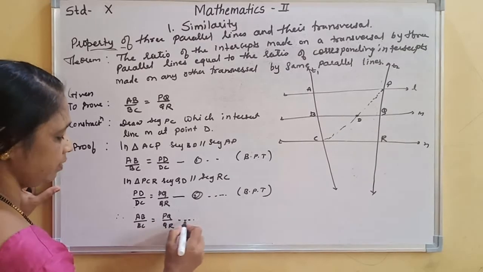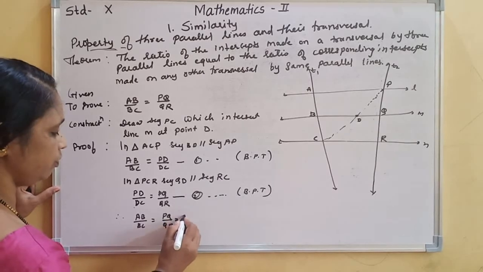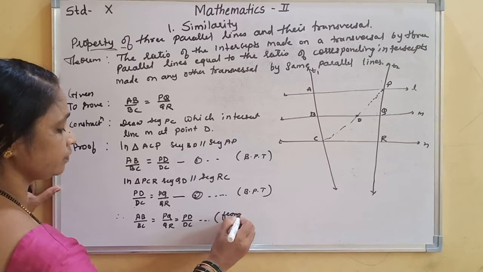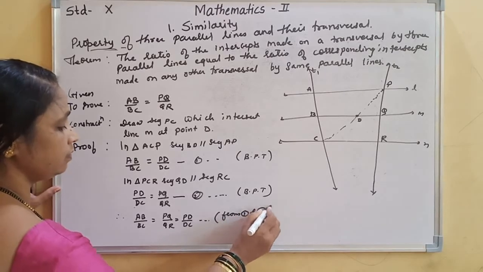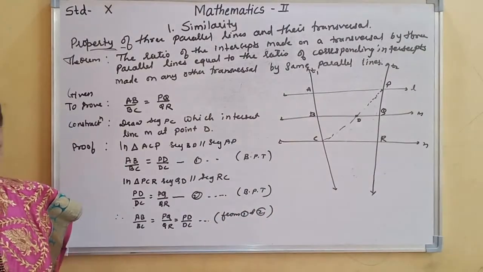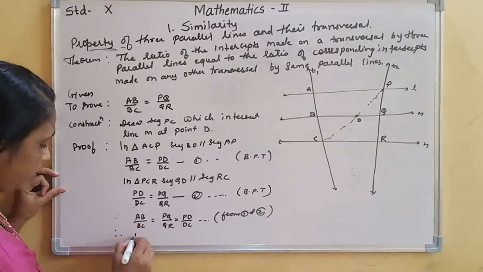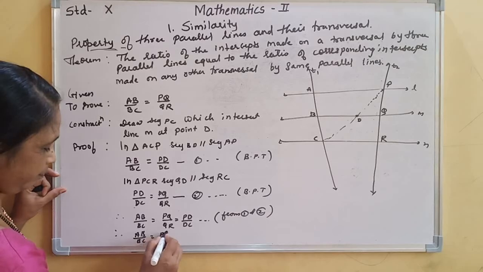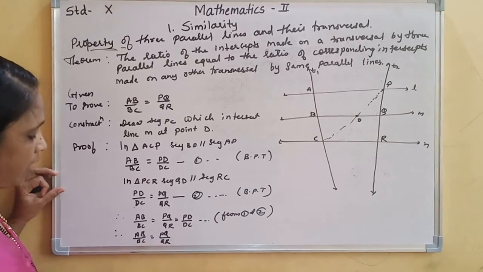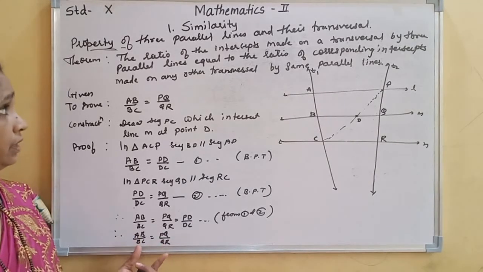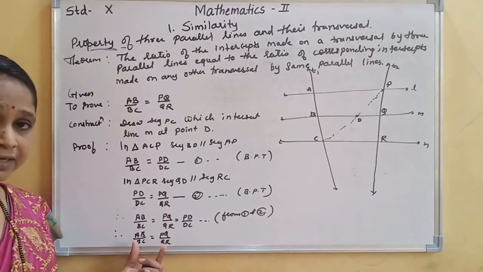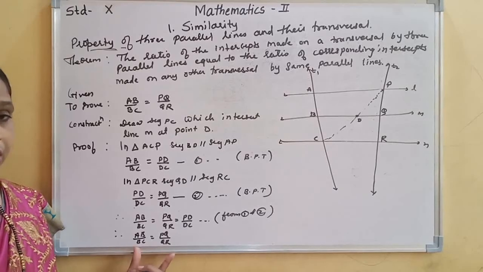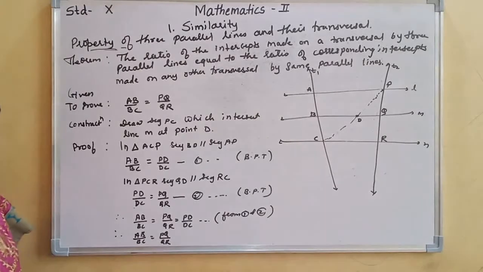This is the property of three parallel lines and their transversal. Now see, this you also have to use while solving the examples.